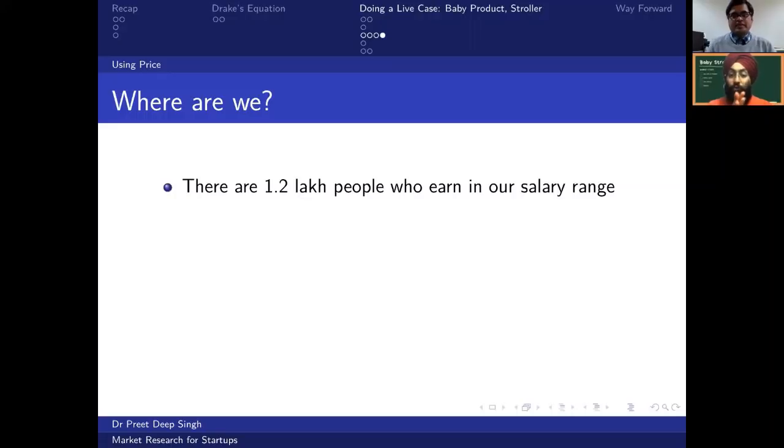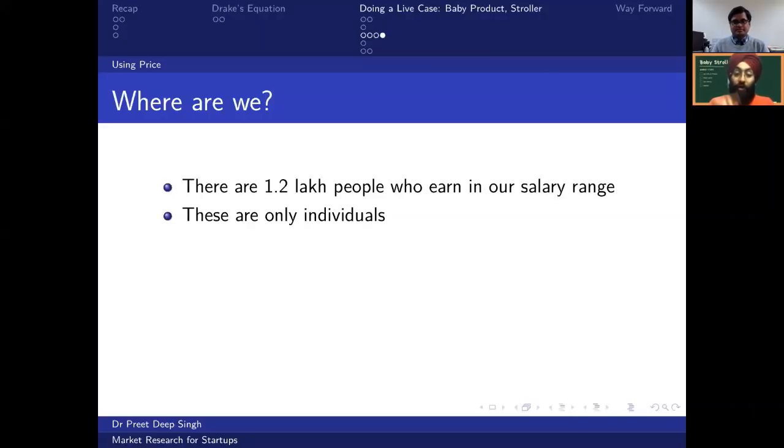I have told you 120,000 people earn the money to afford. A lot more people can pay. We are looking at afford because we said 5% people will pay. People who have the ability and the capability to pay are the people who can afford. 1.2 lakh people can afford. Where do we go from here? Take a moment, let me know.